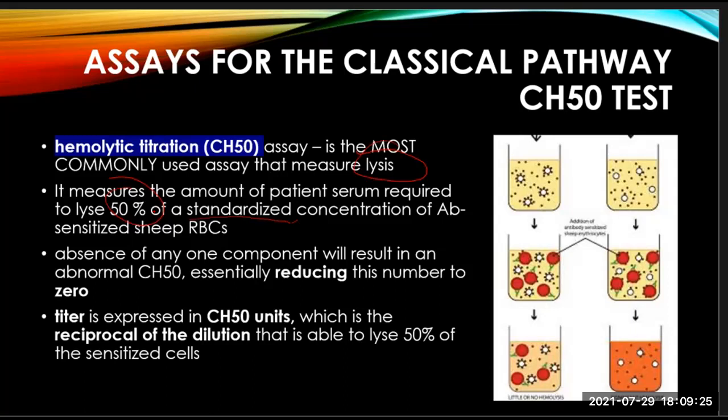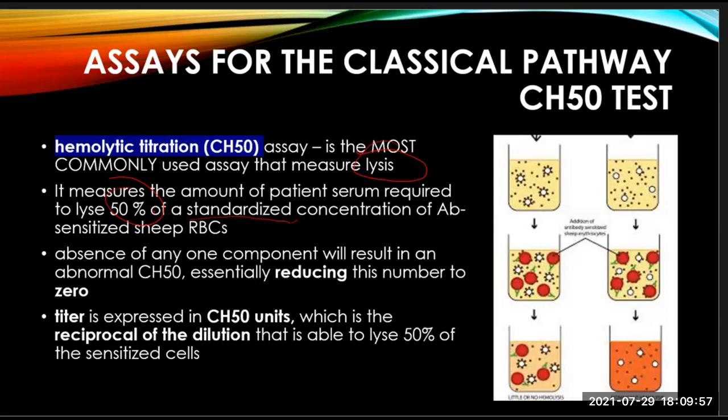So, yung kawalan or absence of any, kahit isang complement component will result in an abnormal CH50, essentially reducing this number to 0. Meaning pag 0, walang complement component, kulang yon. The higher, the better. The lower, the more drastic. And then, titer is expressed in CH50 units, which is the reciprocal of the dilution that is able to lyse 50% of the sensitized cells.